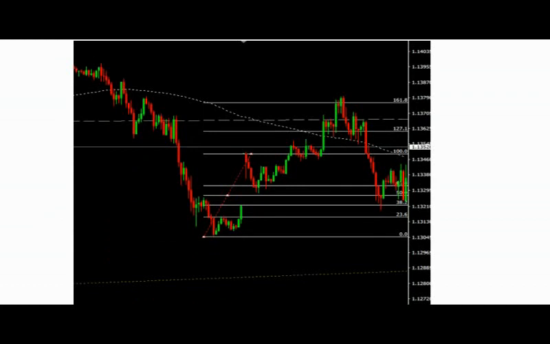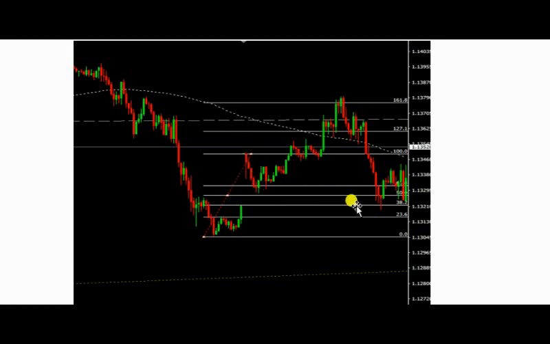So this is an example of the Fibonacci tool. What we have is that we've taken this tool. This is the bottom, this is the top. Price came from this area, gapped, and went to this zone. Then it came back to this zone, and then bounced back. So here, when price showed us this high, we just slapped the Fibonacci tool on the chart.